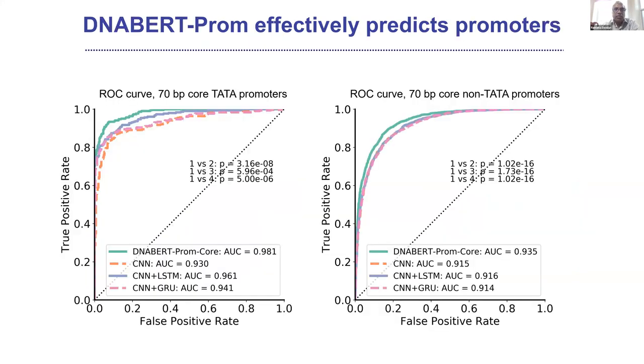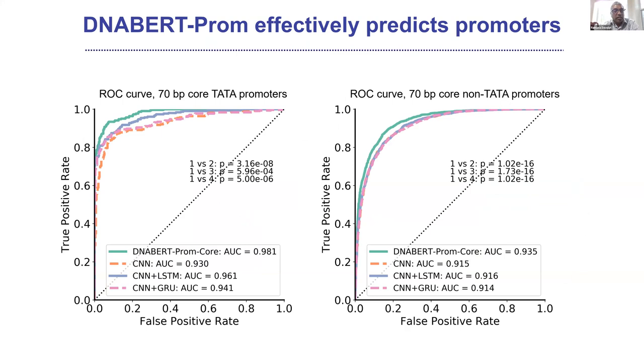What DNABERT, or rather the fine-tuned models, are basically doing is classification or prediction. The fine-tuned DNABERT-prom model effectively predicts promoters, because when we eventually want to study whether a TATA promoter or a core promoter is a promoter or not, it has to be highly accurate.